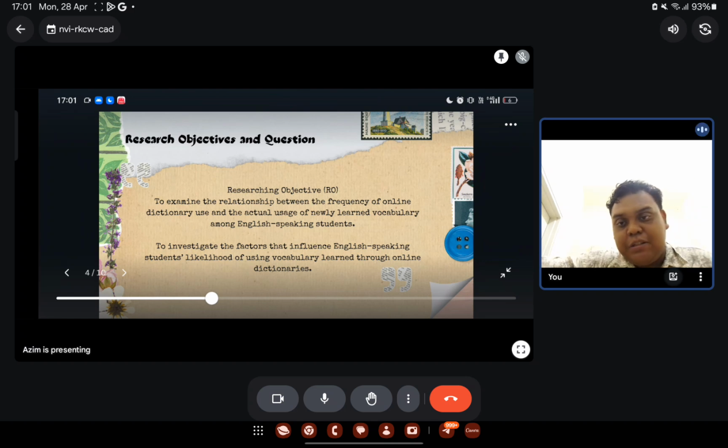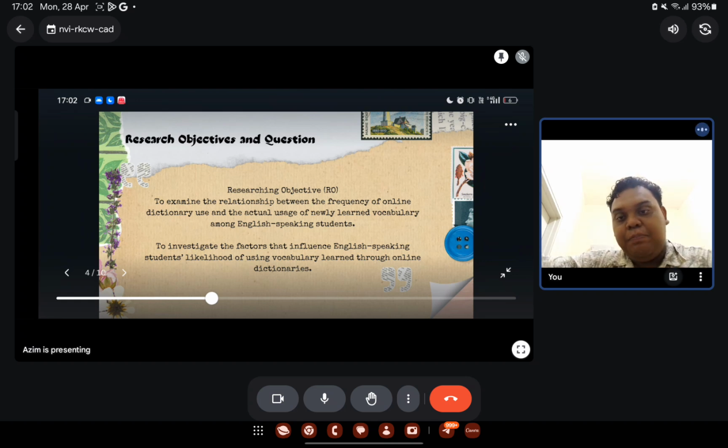So my research objective is to examine the relationship between frequency of online dictionary use and the actual usage of newly learned vocabulary with students, meaning would their frequent use of dictionaries and their inclination to use words that they just learned in English have any correlation whatsoever. And if they do, how? And if they do, how much and why?